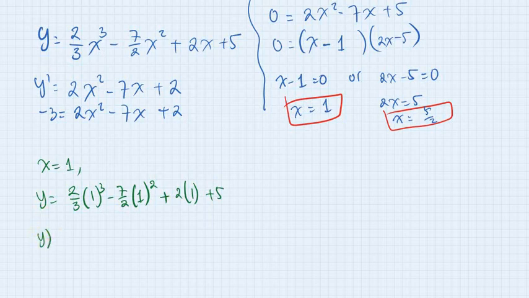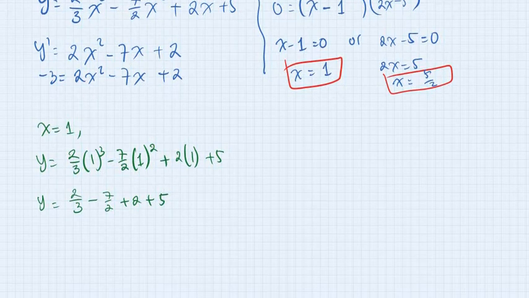So y equals 2/3 minus 7/2 plus 2 plus 5.